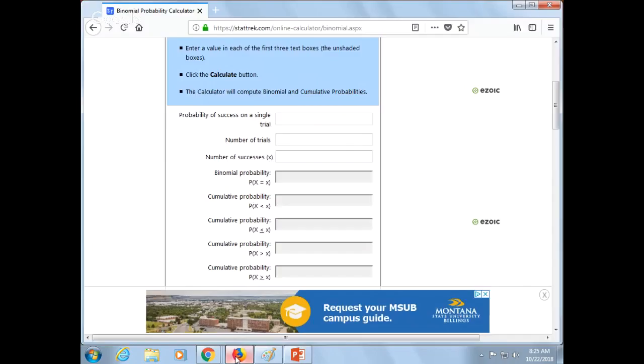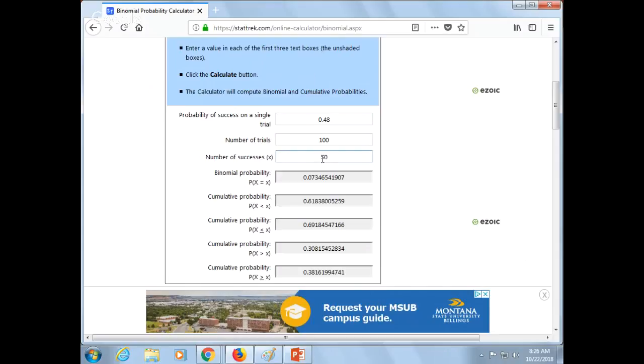So, success probability on a single trial, that's your little p, 0.48. Number of trials in this case is going to be 100. And our number of successes is at least 50. We're just going to put the number 50 in here, and then we're going to pick off which one of these answers is the one we actually want to use.